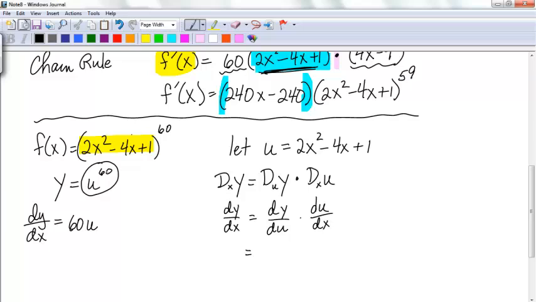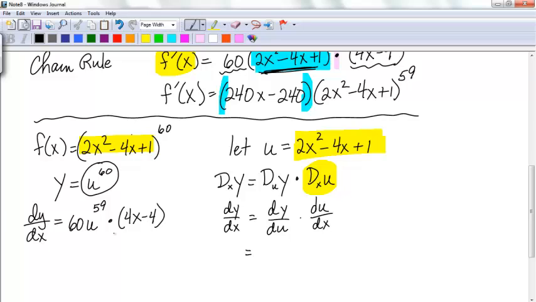U stays the same. Depress that exponent by 1, so that'd be 59. Times the derivative of u with respect to x. So you have to go to this. What's the derivative of this? 4x minus 4. Okay?